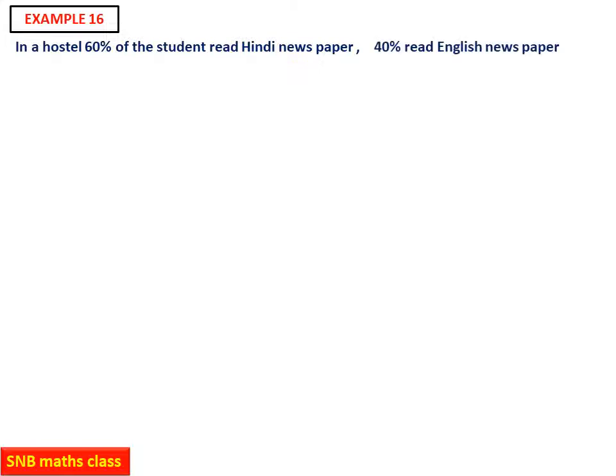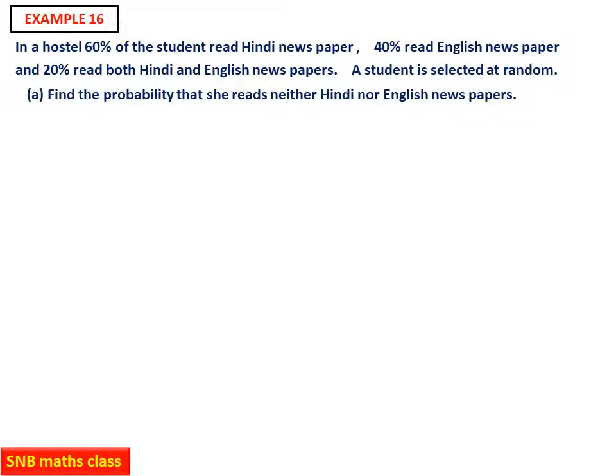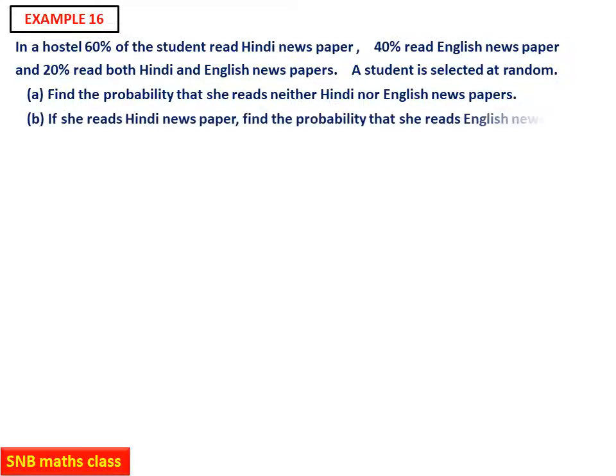Next, example 16. In a hostel, 60% of the students read Hindi newspaper, 40% read English newspaper and 20% read both Hindi and English newspapers. A student is selected at random. First one, find the probability that she reads neither Hindi nor English newspapers.